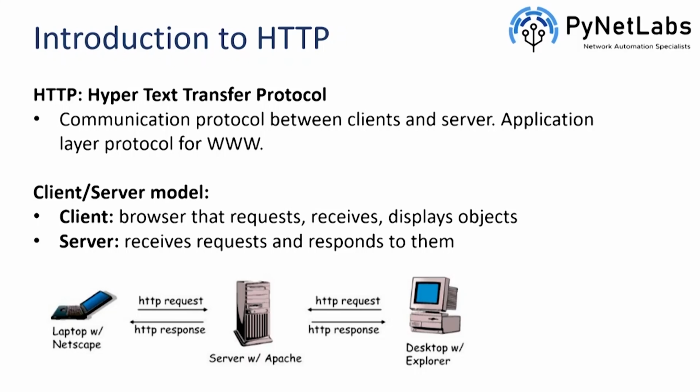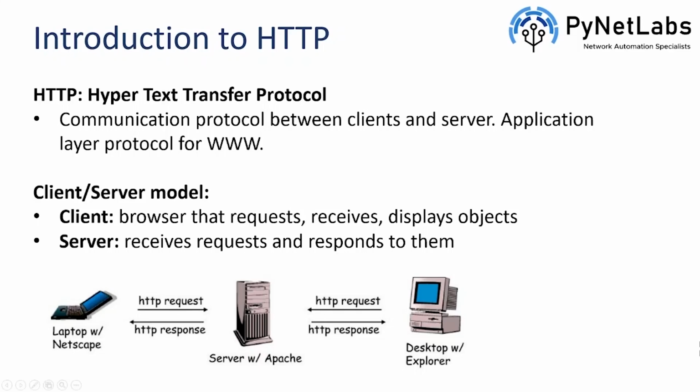This communication happens, again, between client and server. The client is the one that is using the browser. It is the browser that requests, receives and displays the objects, and the server is the one which receives the request and responds to it.